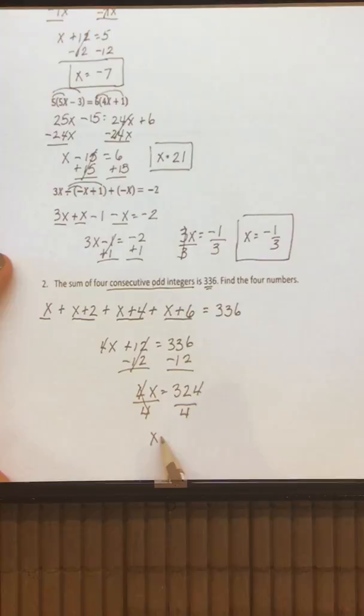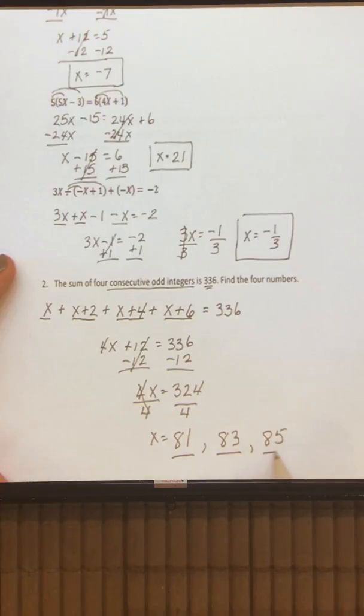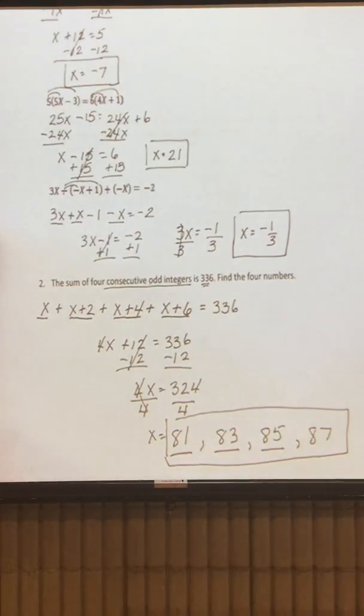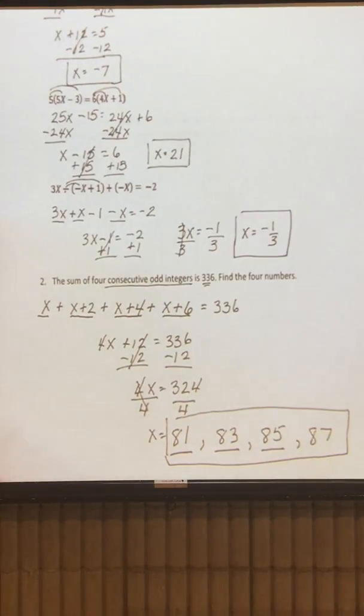X is equal to 81, which is the first consecutive odd integer. The second consecutive odd integer is 83. The third is 85. And the fourth is 87. And these are your 4 consecutive odd integers which sum to 336.